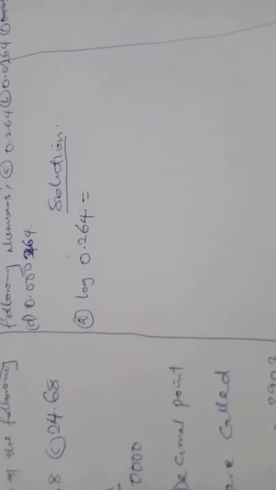0.264. Now, when you see that 0 is starting the number, that is when the integer is 0, your answer at the logarithm side is going to be minus, like this.